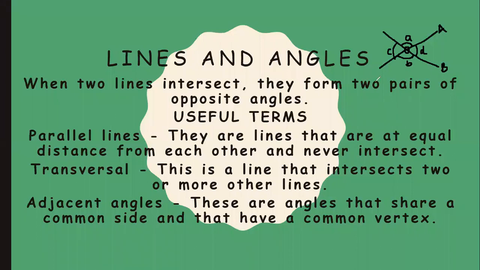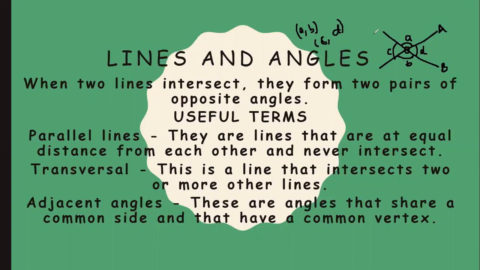So we have two opposite angles here that are formed, A and B, and this is a pair. Then we also have C and D, which is another pair. So you can now see that when two lines intersect, they form two pairs of opposite angles, which are A and B, and C and D.